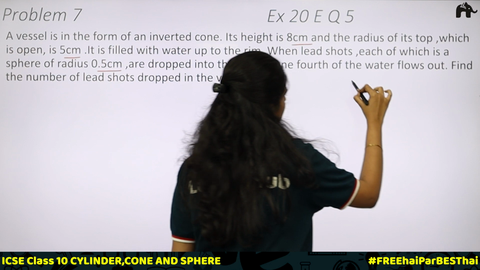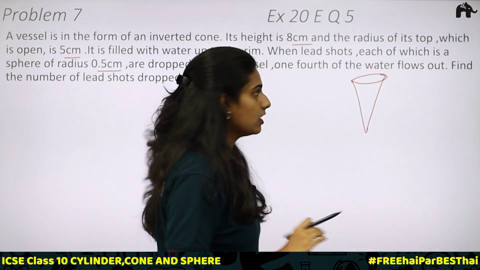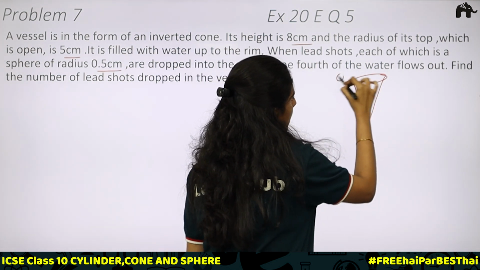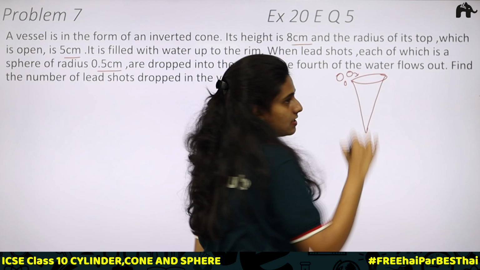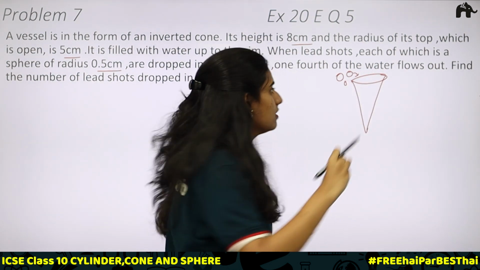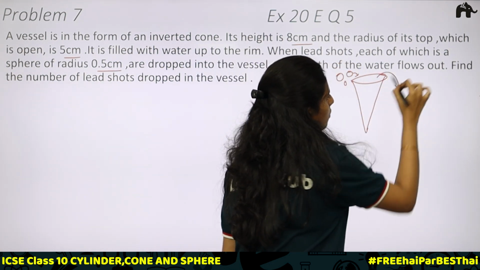Here we have a conical vessel which is filled with water up to the rim. Okay. Now, small lead shots are added to this. Then what happens? Since the water is filled up to the rim, when the lead shots are added to it, water will flow out.